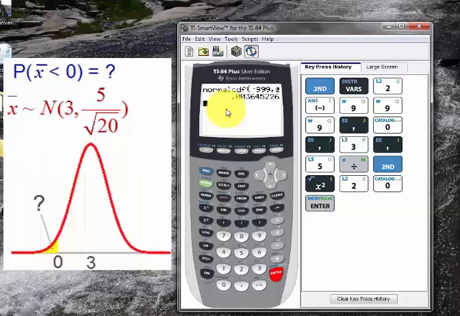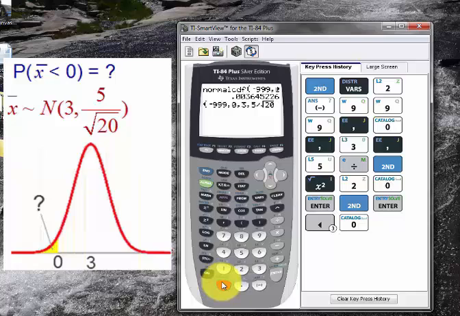What would happen if you threw all of your money into a single stock? Well, that'd be the same thing, except in our calculation, let's go back. I'm going to go second entry, and I'm going to tweak it a bit. That would be the same thing, except that you're not dividing by the square root of 20 anymore. Now, we have a sample size of 1. We're back to the old, just normal distribution.